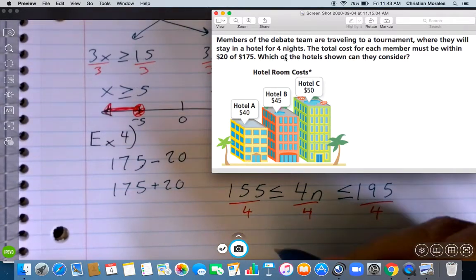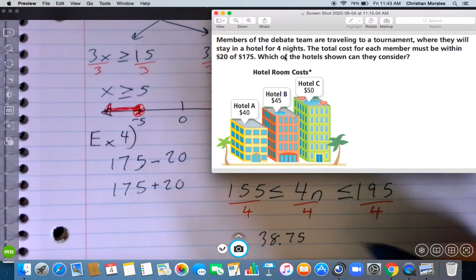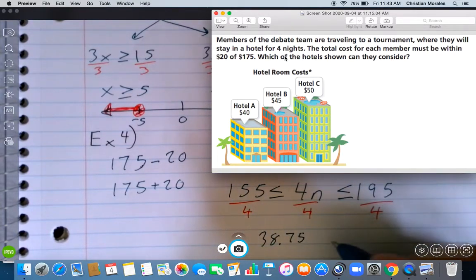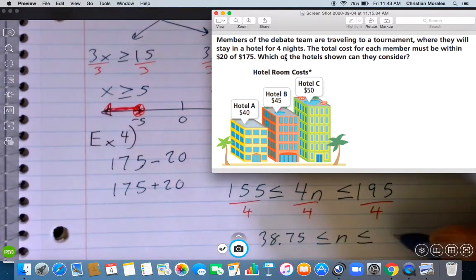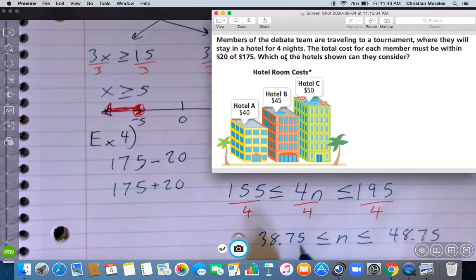So on the minimum side, the minimum is 38.75. The maximum amount is 48.75. So the budget for your hotel is within 38.75 and 48.75.